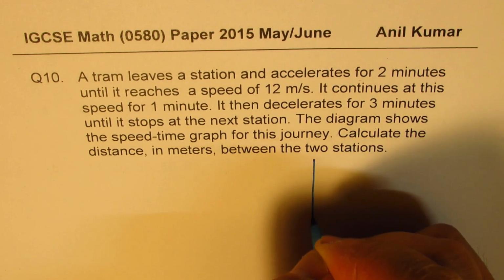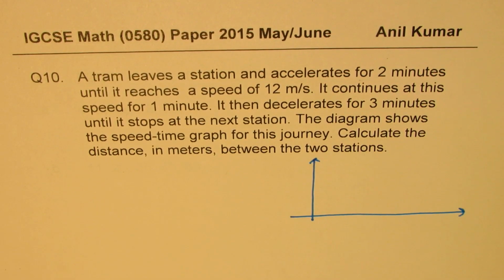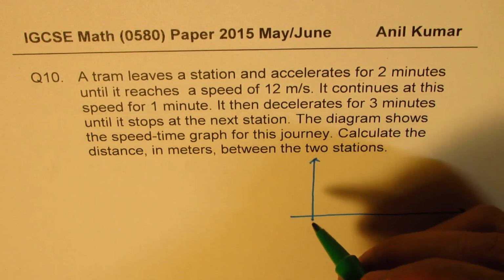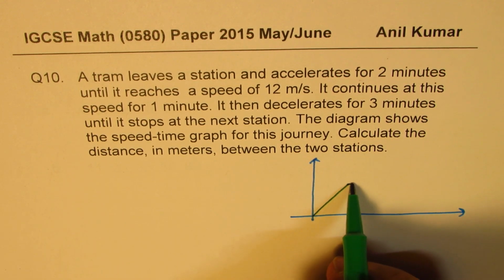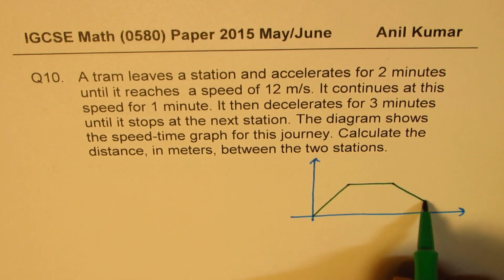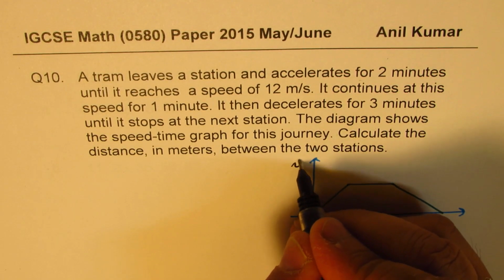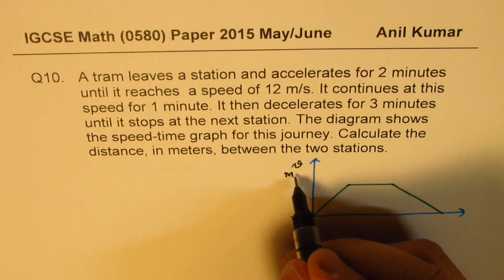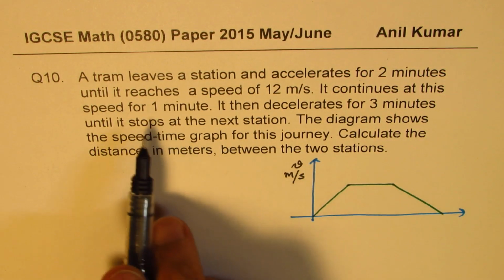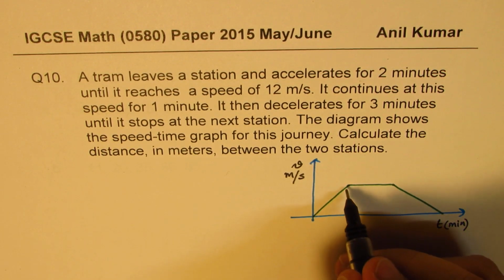So let me sketch the diagram now. I didn't really copy it. Okay, so it's easier to sketch these diagrams rather than making them on computer. So I'll label it soon. Okay. So what we have here is speed or velocity, and it is given in meters per second, as you could see, right? We are talking about time in minutes. Do you see that? We are talking about time in minutes here.